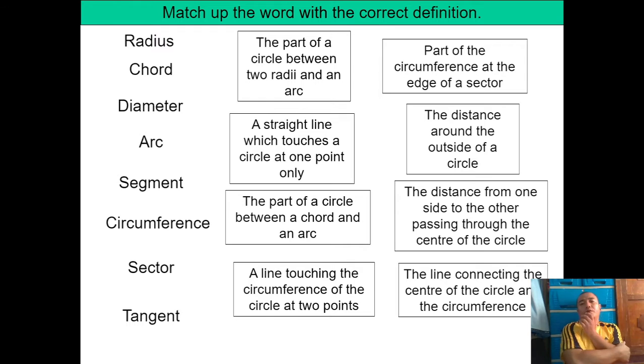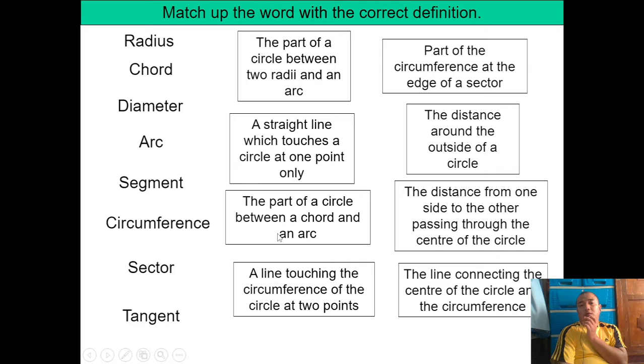Okay, match up the word with the correct definition. Radius. Radius is what? A straight line which touches a circle at one point only, tangent.